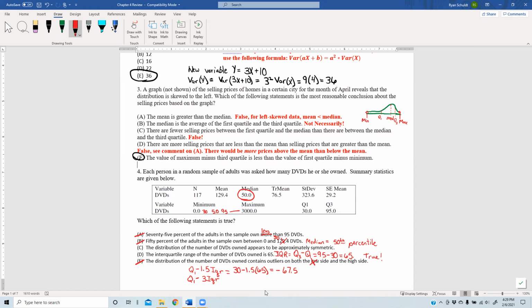Is that symmetric? If the middle's at 50, but then you have an end at 0 on one side and an end at 3,000 on the other? No, I don't think so. So no, it's not symmetric. The only one that's vetted and true is D. So D is our only true statement.